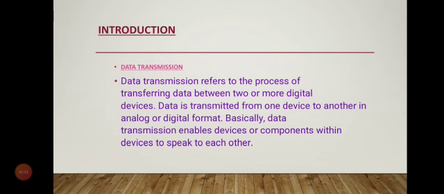Data transmission refers to the process of transferring data between two or more digital devices. Data is transmitted from one device to another in analog or digital format. Basically, data transmission enables devices or components within devices to speak to each other.